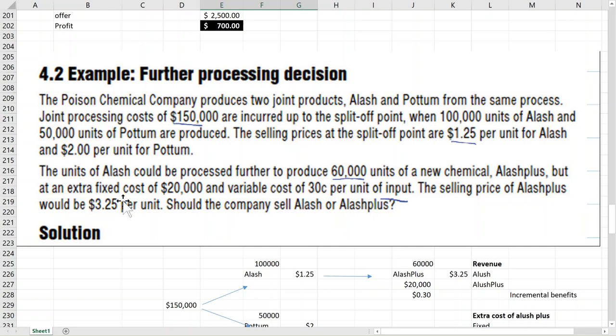The units of Elish could be processed further to produce 60,000 units of new chemical LH plus, but at an extra fixed cost of 20,000 and variable cost of 30 cents per unit. Remember, fixed cost is usually not relevant, but here there will be extra cost incurred, so that is relevant. The selling price of LH plus would be 3.25 per unit. Should the company sell LH or LH plus?